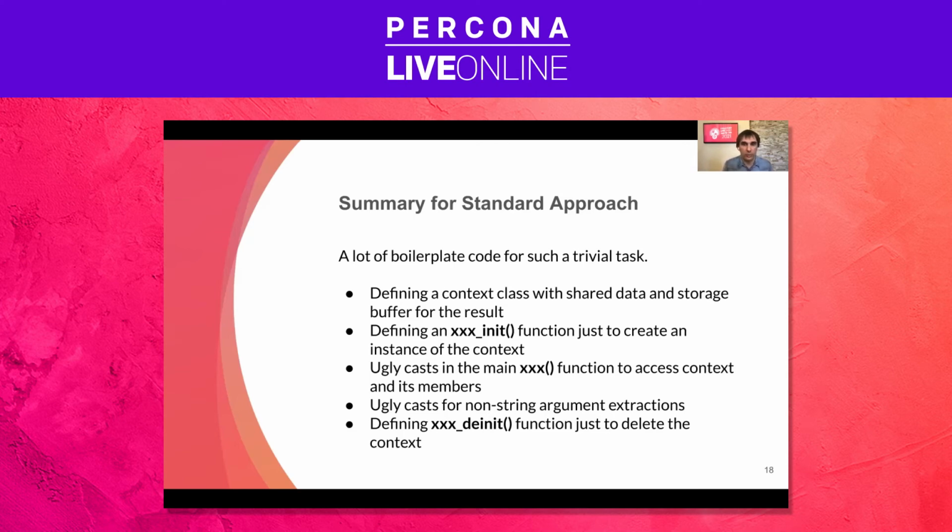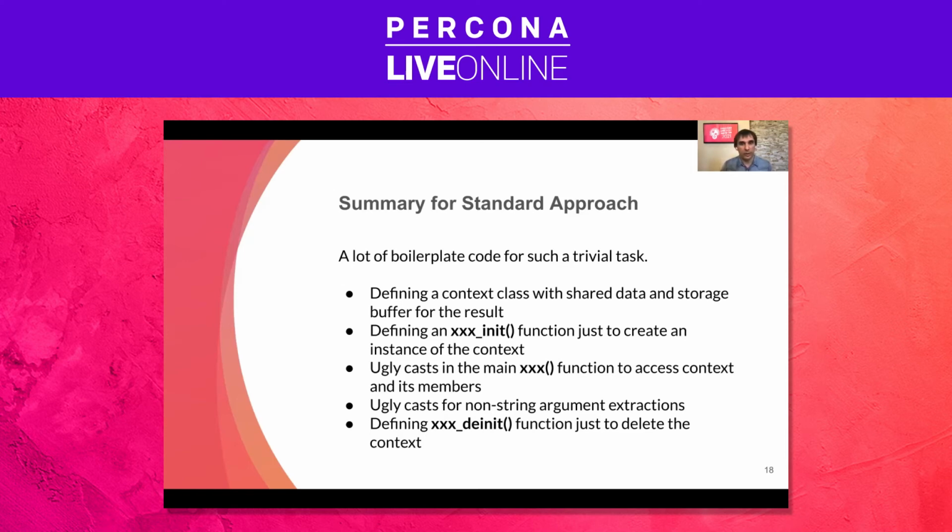And the only purpose of that function was to allocate our shared context. Also, we saw a lot of ugly casts in the main function just to access our context, and even worse, to extract values of our arguments.